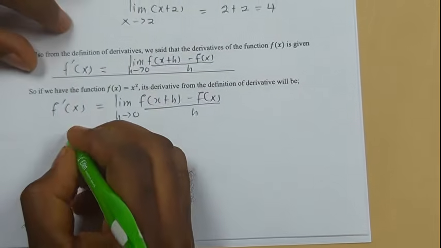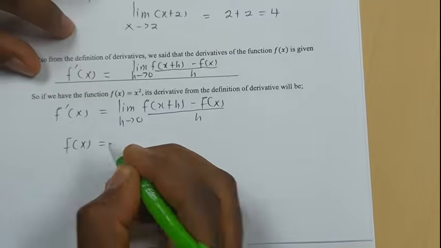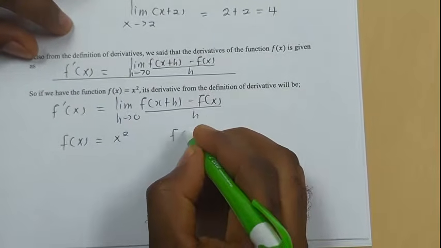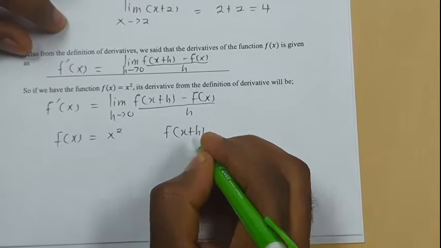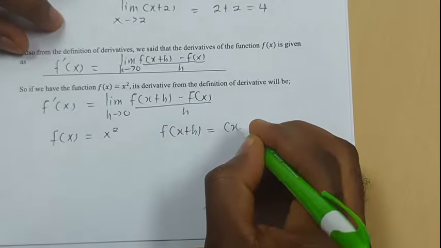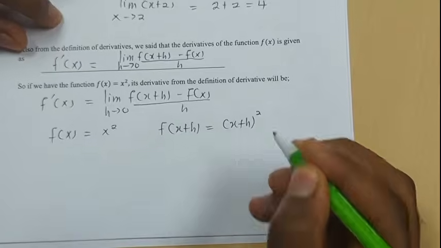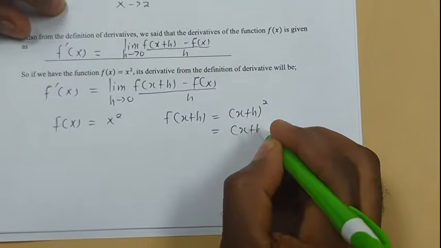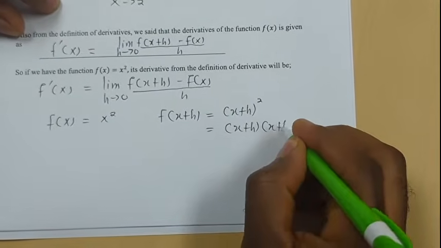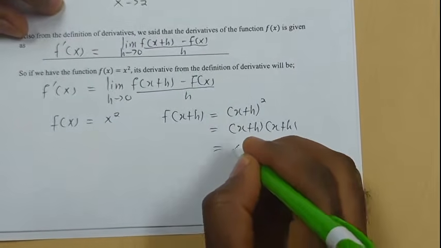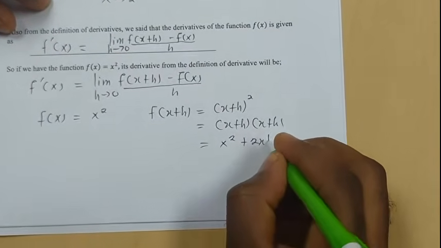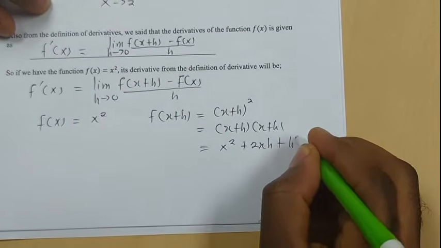So f of x is equal to x squared, remember that? So we say f of x plus h will be equal to x plus h squared. So we can expand this. We have x plus h, x plus h. So this will be x squared plus 2xh plus h squared.